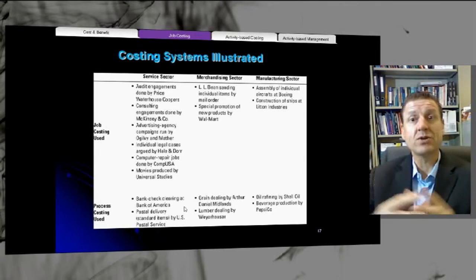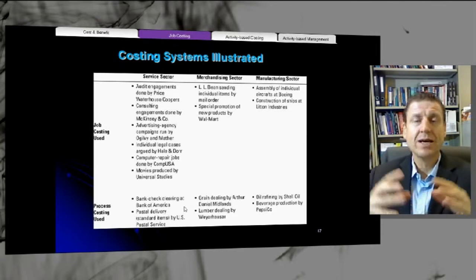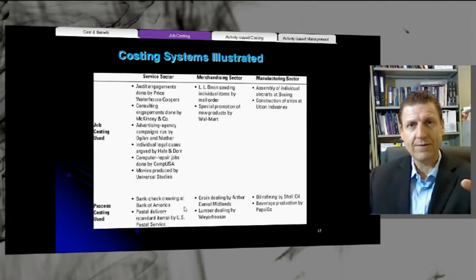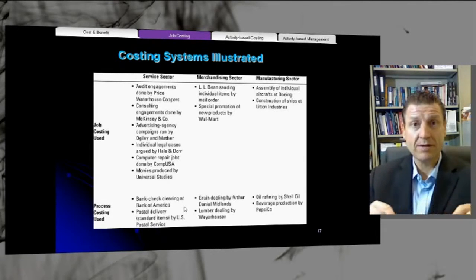Manufacturing sector, assembly of individual aircraft at Boeing, construction of ships at Litton Industries. These are jobs. You might think that all Boeing aircraft are the same. Well, to some extent, but they are individually customized to different airlines, because some airlines now in the Boeing 777 will have 10 chairs across.